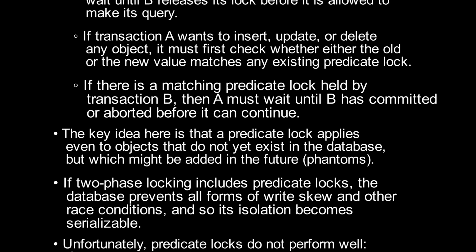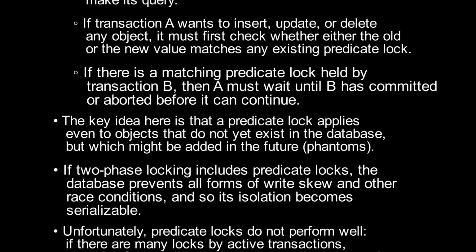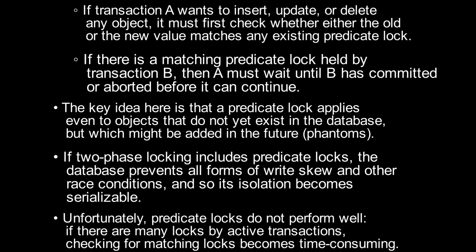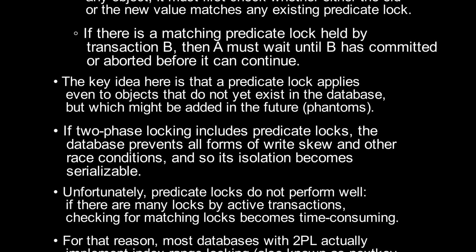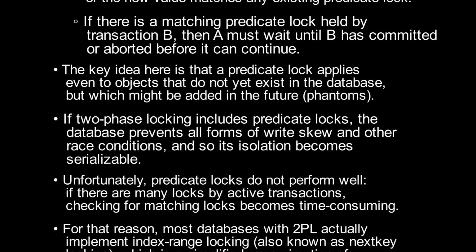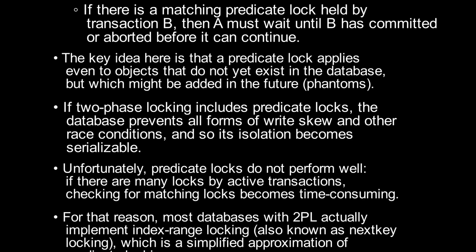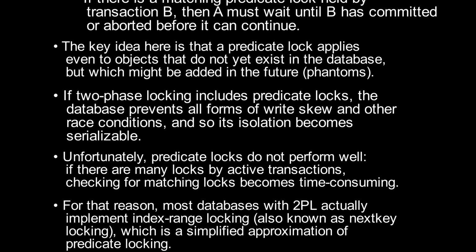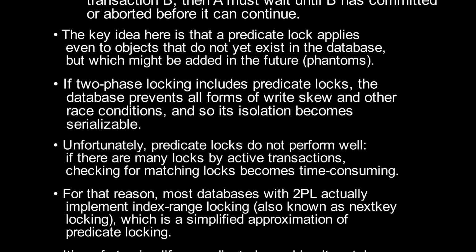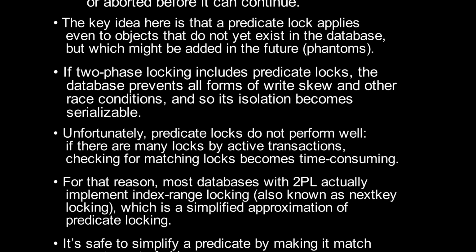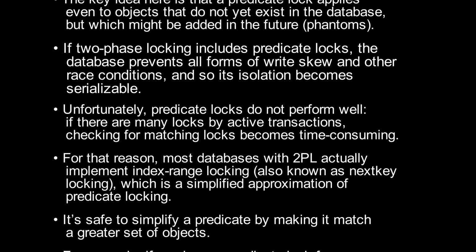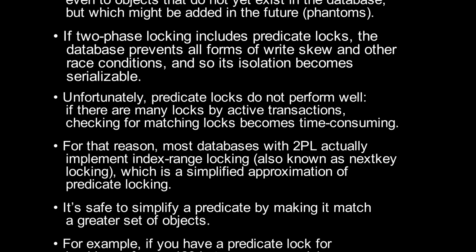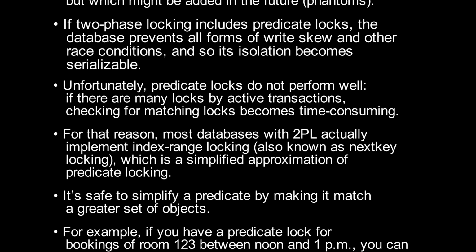If two-phase locking includes predicate locks, the database prevents all forms of write skew and other race conditions, and so its isolation becomes serializable. Unfortunately, predicate locks do not perform well. If there are many locks by active transactions, checking for matching locks becomes time-consuming. For that reason, most databases with 2PL actually implement index-range locking, also known as next-key locking, which is a simplified approximation of predicate locking.